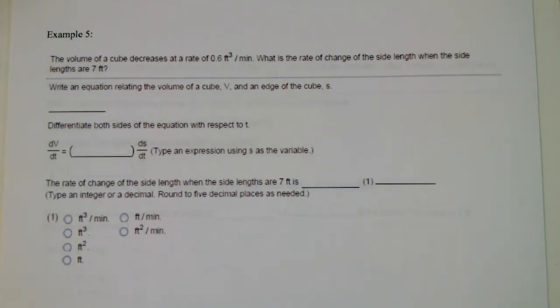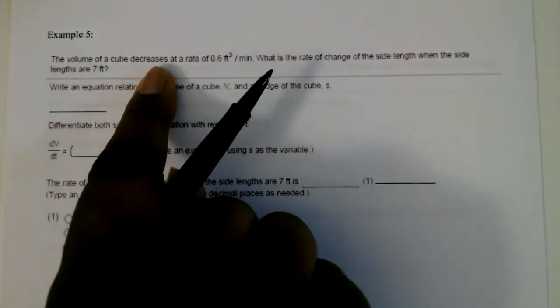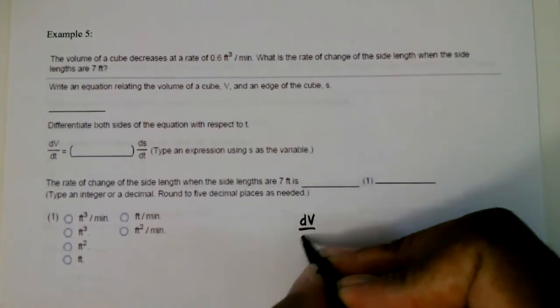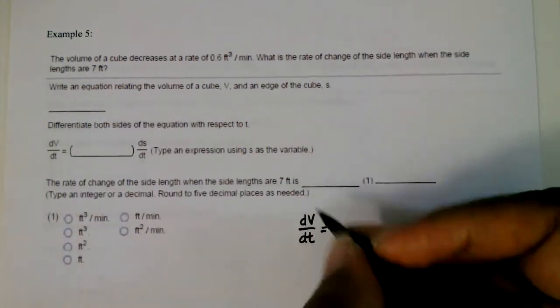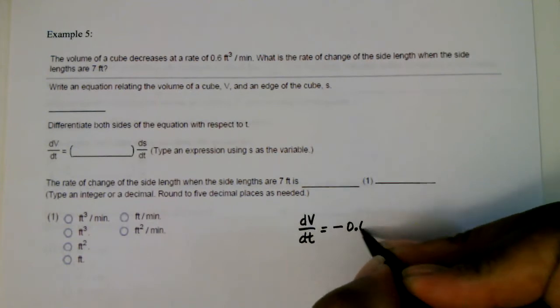Okay, so in this case, we're told the volume is decreasing at a rate. So that's dV dt. If it's decreasing, that means it's got to be negative. And the rate that they're dealing with is 0.6 cubic feet per minute.